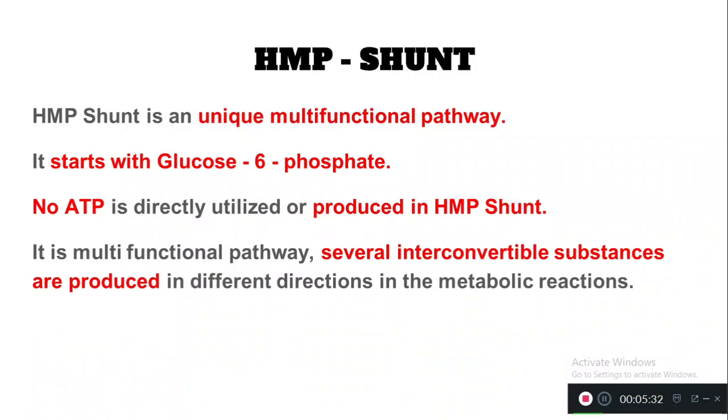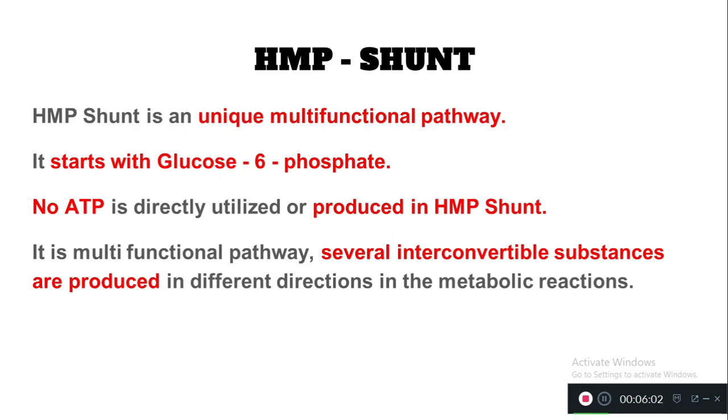HMP shunt is a unique multifunctional pathway. It starts with the glucose 6 phosphate molecule, and during the HMP shunt pathway, no ATP is directly utilized or produced, whereas in the citric acid cycle and in glycolysis, ATP molecules are produced, but in this pathway, no ATP molecules are directly utilized or produced.